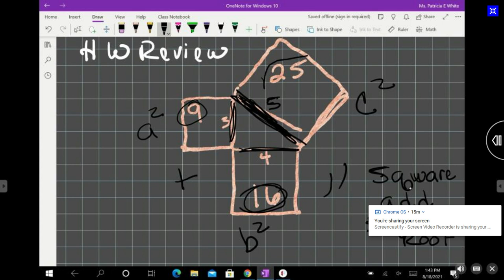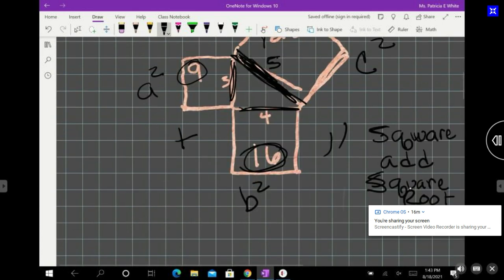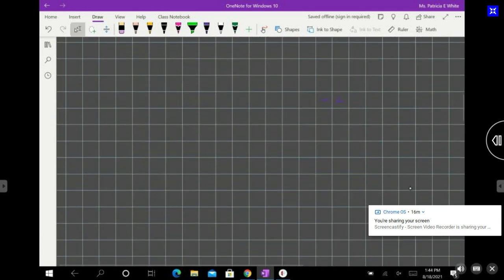Multiplying by the same number. 7 squared is 49. 9 squared is 81. 10 squared is 100. When we are squaring numbers, we are going to multiply them by themselves.